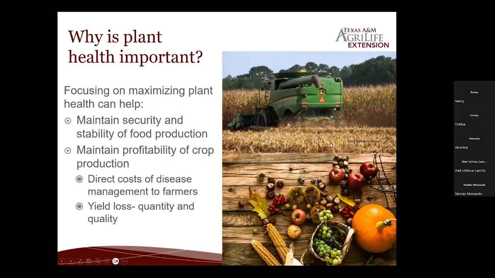All right, so why exactly is plant health important? Not to toot my own horn, but plant health is really critically important to some of the underlying core supports of society. Focusing on maximizing our plant health can help maintain the security and stability of our food, feed, fiber production and fuel. I know I only have food on the slide, but there's actually a lot of other things that our crop agriculture feeds into, literally.